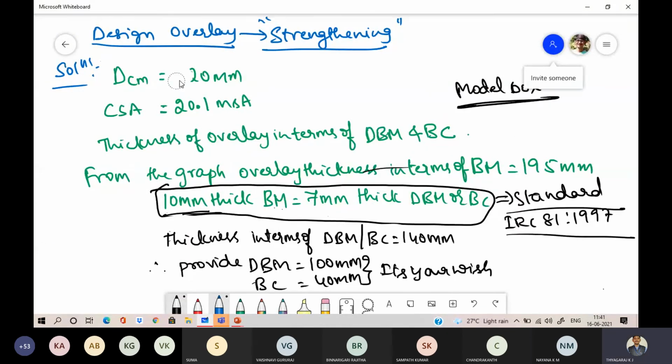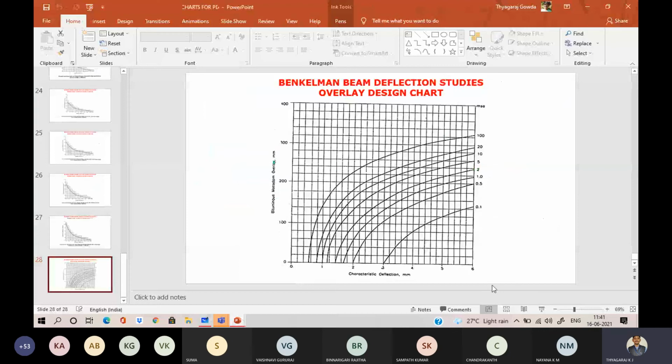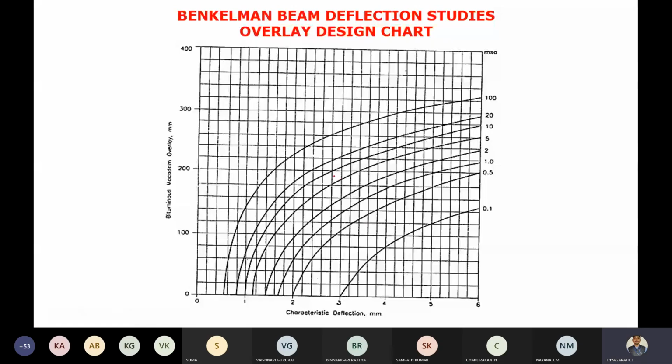What is the characteristic deflection they have given? Deflection value 2.15, or 0.15 mm. What is the traffic? 29.5 MSA. Now we'll go for the graph.